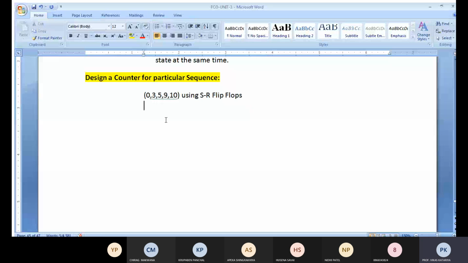So in order to perform this, you should know first the excitation table of the SR flip-flop.